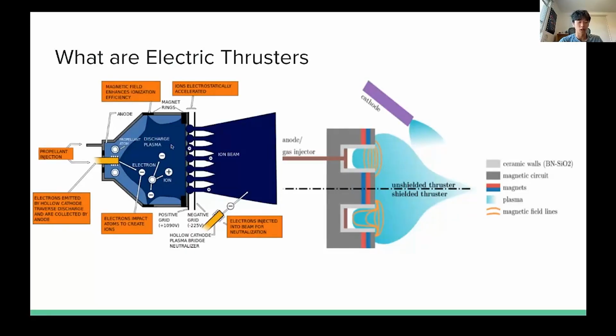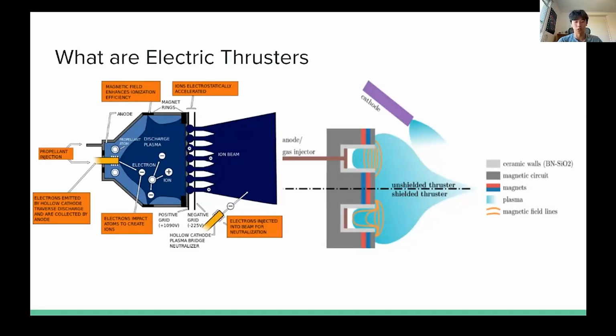Once the atoms are ionized and turned into plasma, they are accelerated through a positive and a negative grid that are very closely spaced together. When the ions pass through, they are accelerated up to huge speeds and generate a bit of thrust.